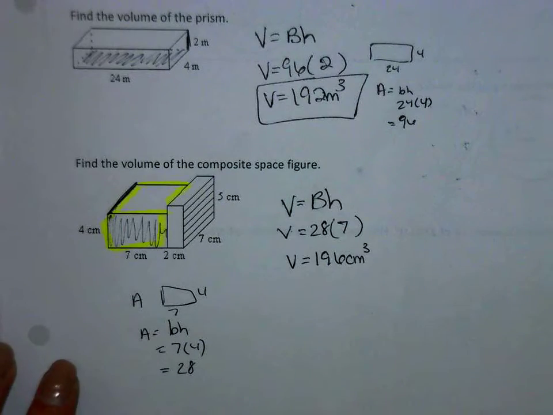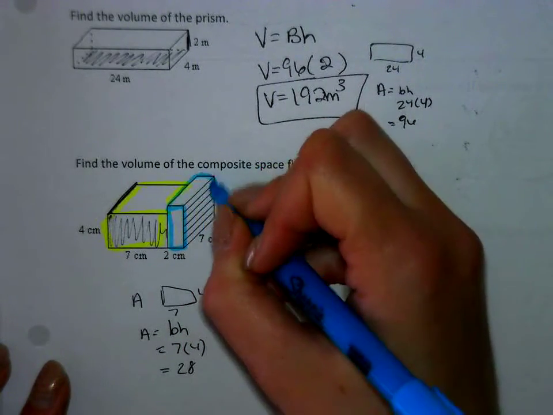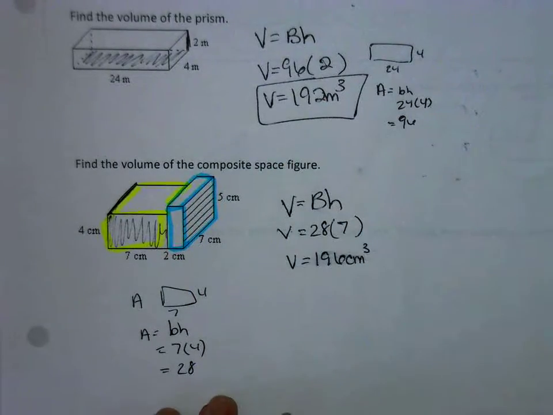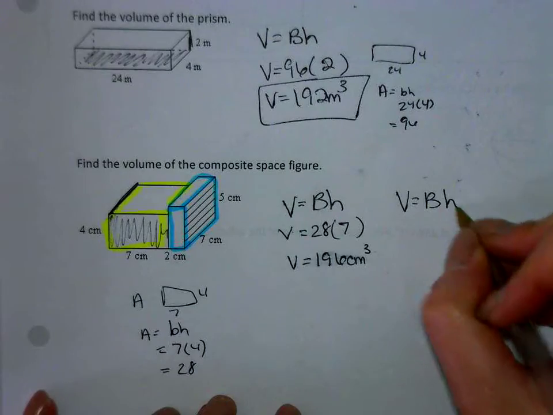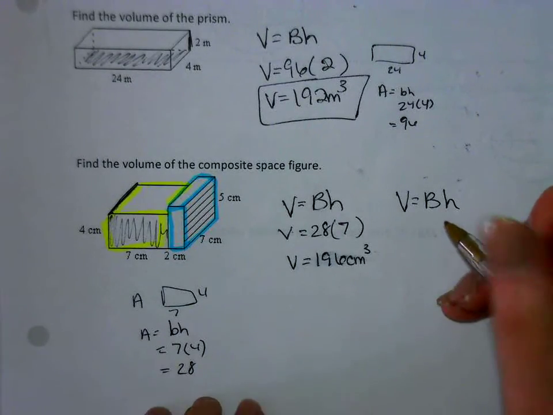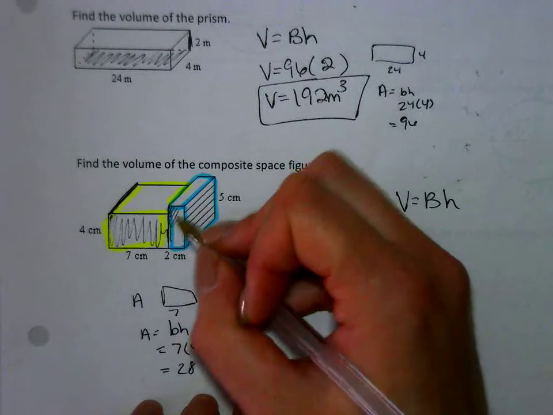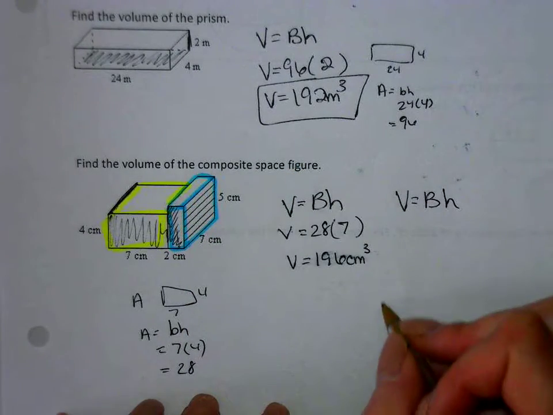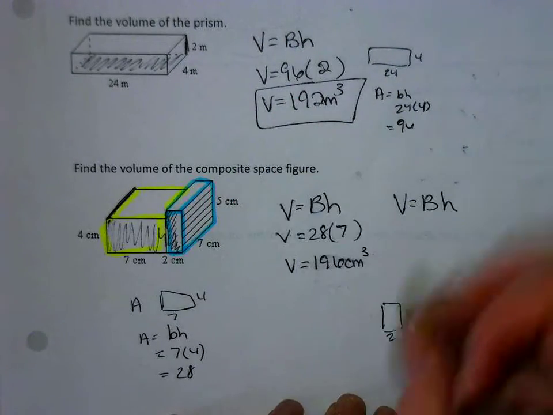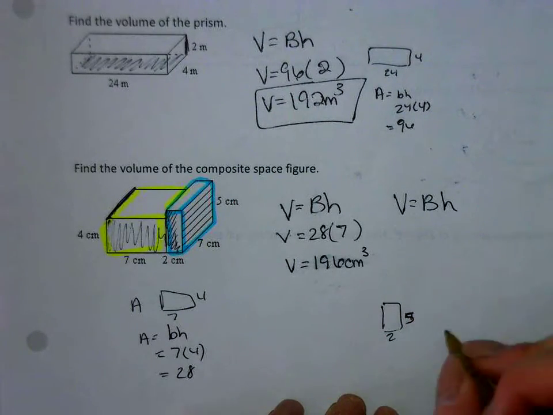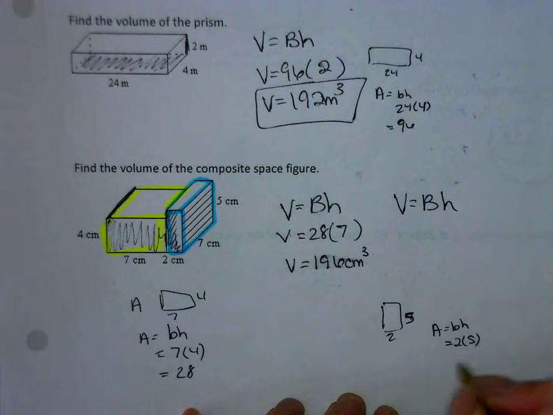Now we can take a look at our second prism right there. Still our prism, so the volume equals the area of our base times our height. This time we can say that our base is a 2 by 7 rectangle, or sorry, 2 by 5 rectangle. So our area, which is base times height, is 2 times 5.